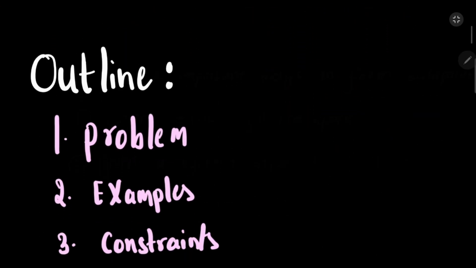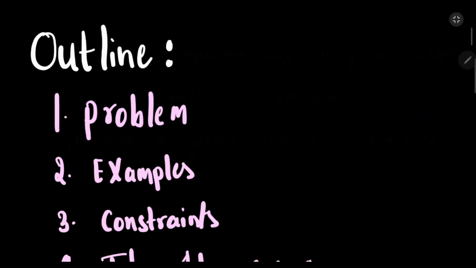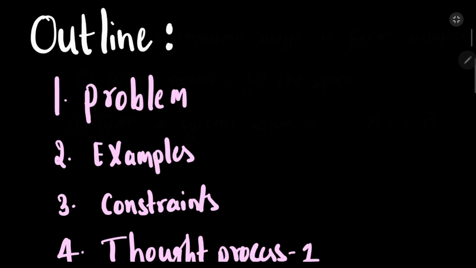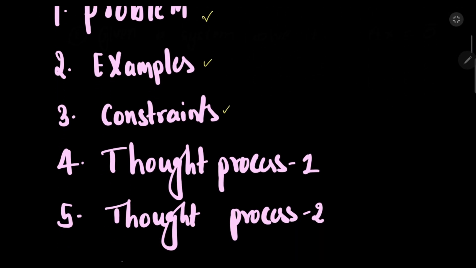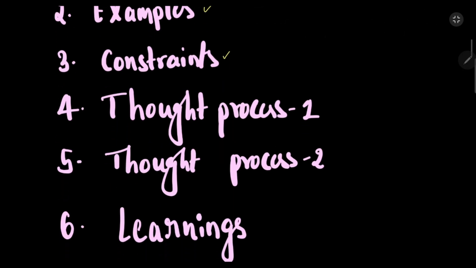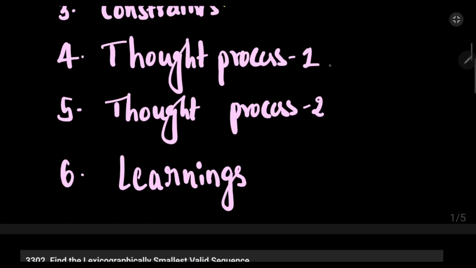Okay, let me set the outline of this video. First of all, we will see the problem. Next, we will see the examples. Next, we will see the constraints of the problem. Next, I will show you the thought process 1 and thought process 2.